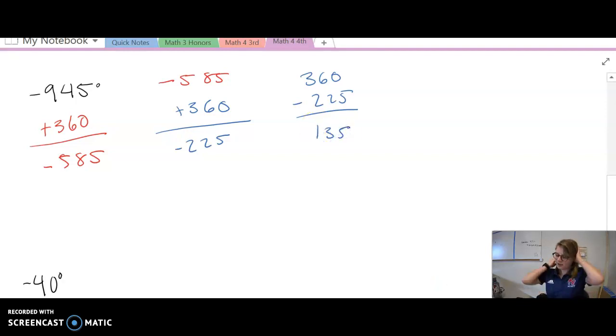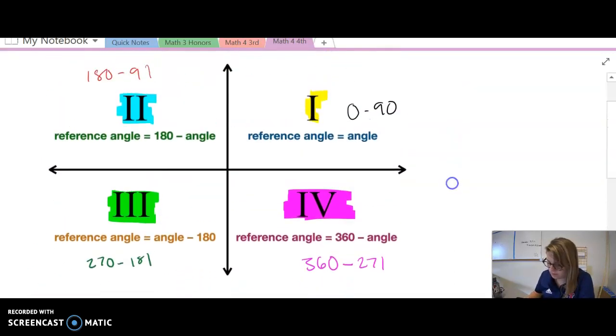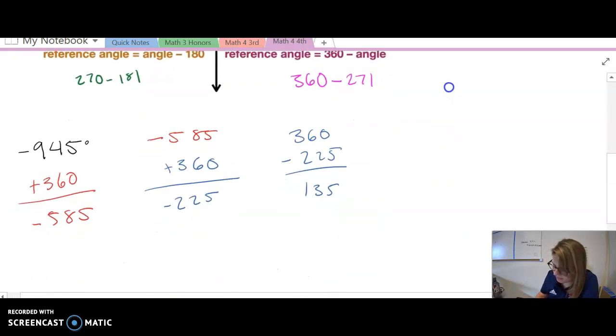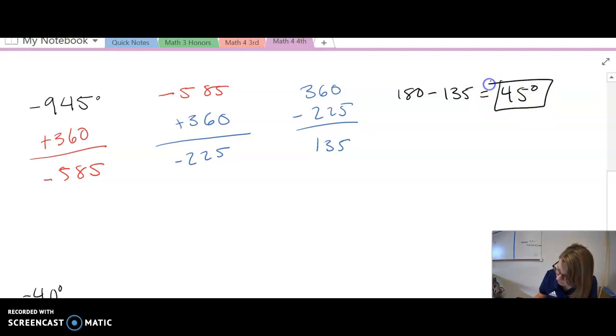So now I have the positive angle of negative 945. So going back to my chart, 135 is in between 180 and 91. So we're going to do 180 minus our angle. So we'll do 180 minus 135, and in doing that, we get our reference angle to be 45 degrees.